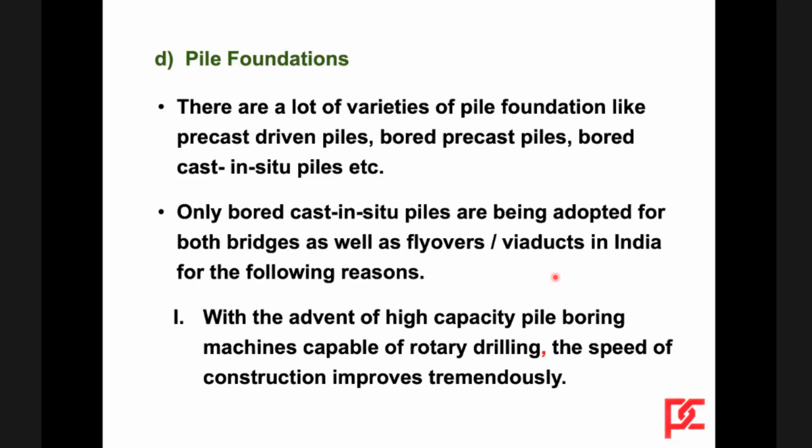improved a lot. So for pile foundations, there are a lot of varieties like precast driven piles, bored cast in situ piles, and bored precast piles. Only bored cast in situ piles are being adopted for bridges as well as flyovers and viaducts in India for the following reasons. With the advent of high capacity pile boring machines capable of rotary drilling, the speed of construction improves tremendously.